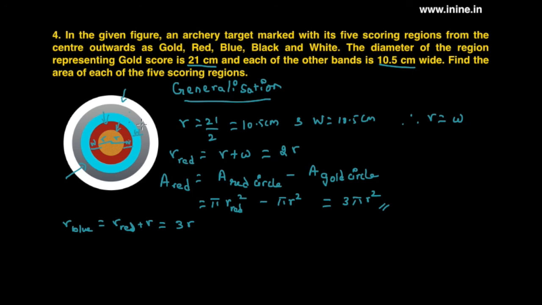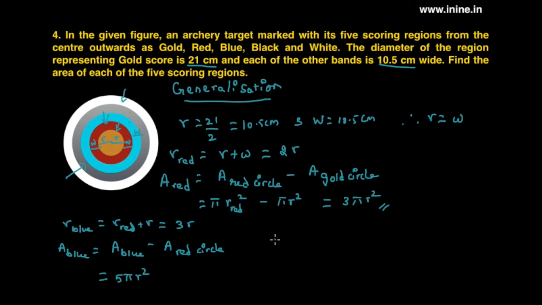So we are reducing all these unknowns to one single unknown or minimum number of unknowns, so that it becomes easier for us to solve the problem. So now radius of blue circle is 3R. Now area of blue region is equal to area of blue circle minus area of a complete red circle. So on substituting the relevant values, we get 5 pi R square.